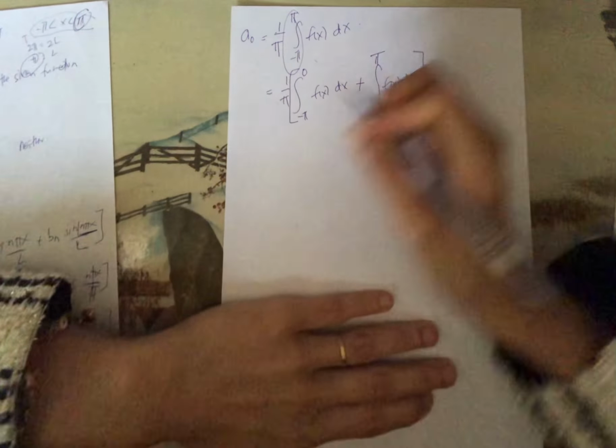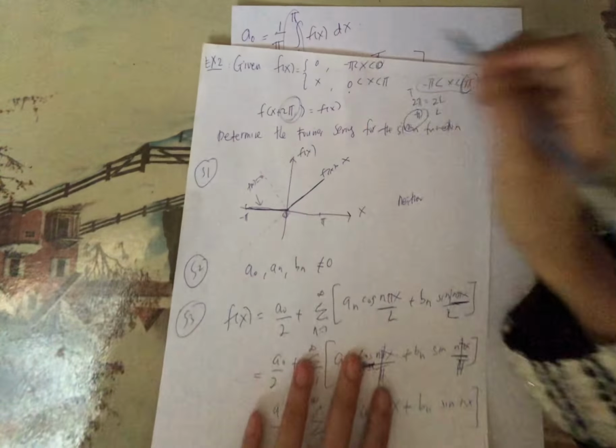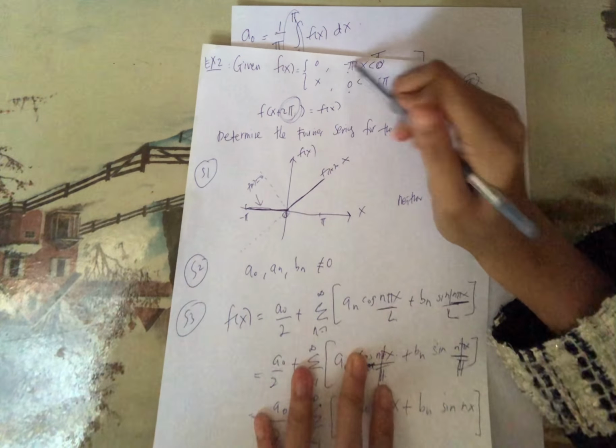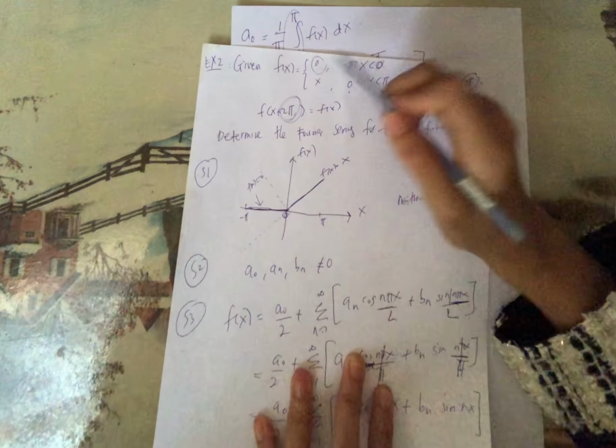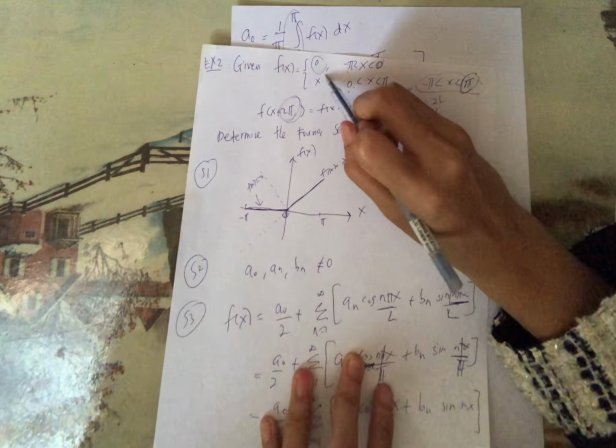So what is your fx? You have two fx actually. From negative pi to 0, the function fx will be 0. Then from 0 until pi, the function will be x.